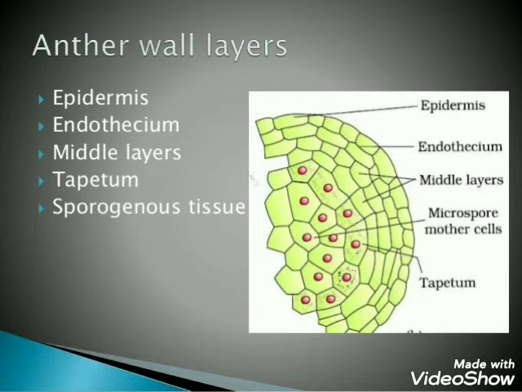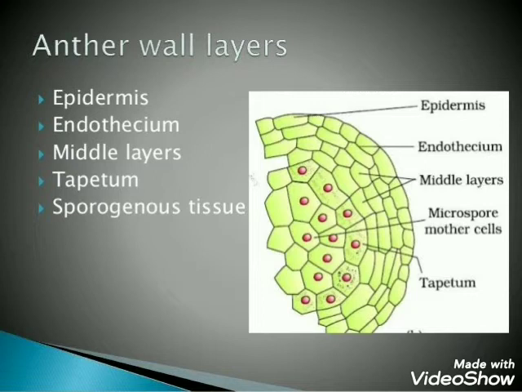Third is the middle layer. It is the third layer composed of 1 to 3 layers of cells and helps in dehiscence and is again protective in nature. Last and fourth layer is tapetum with dense cytoplasm and many nuclei.